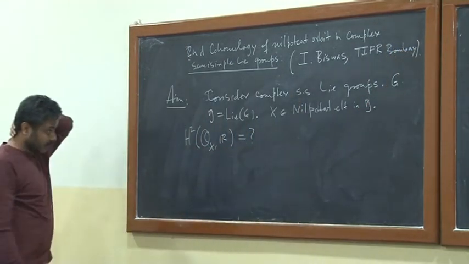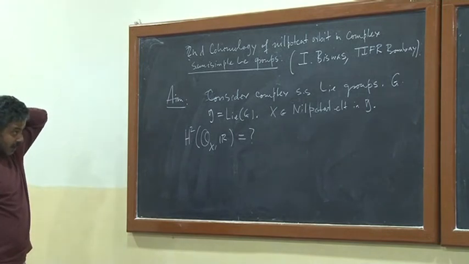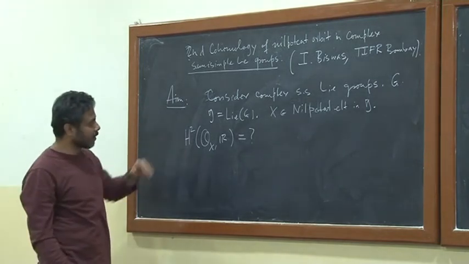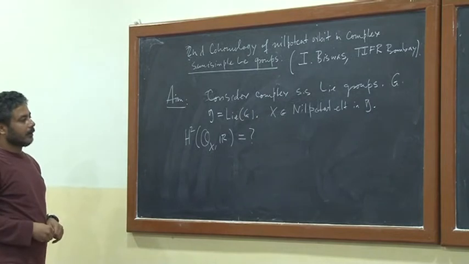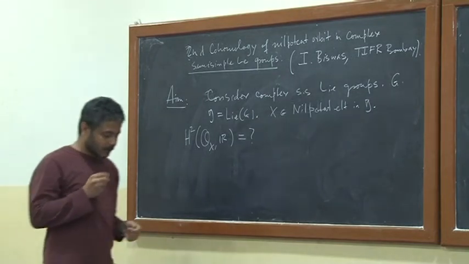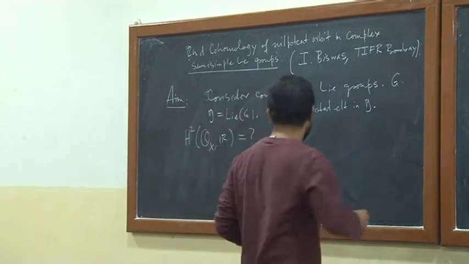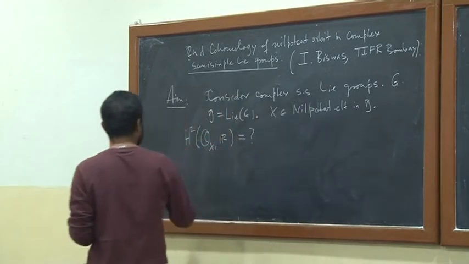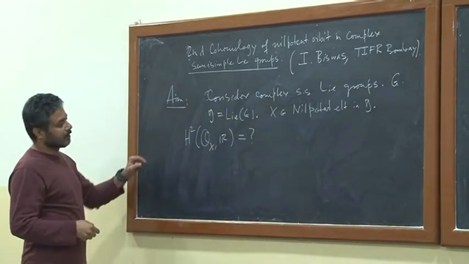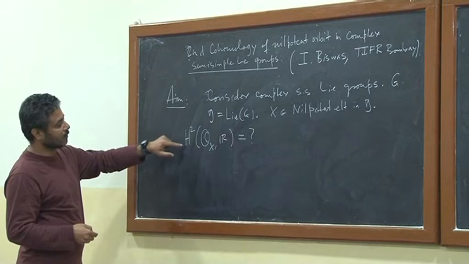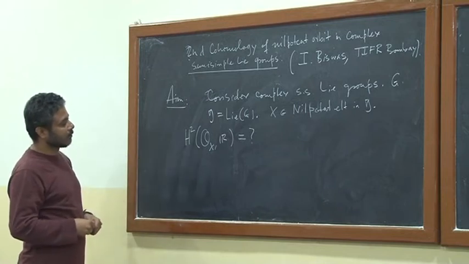So first, I will try to motivate why I'm looking at this. There are two points which led us to ask this question, what is the description of the second cohomology of nilpotent orbits.